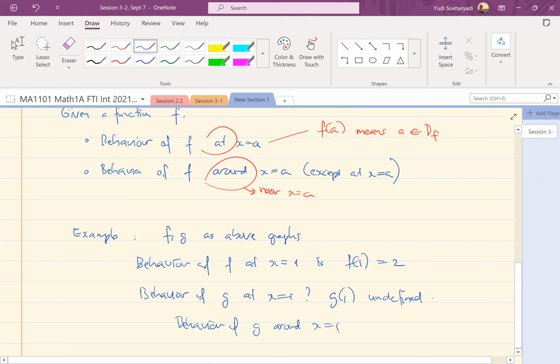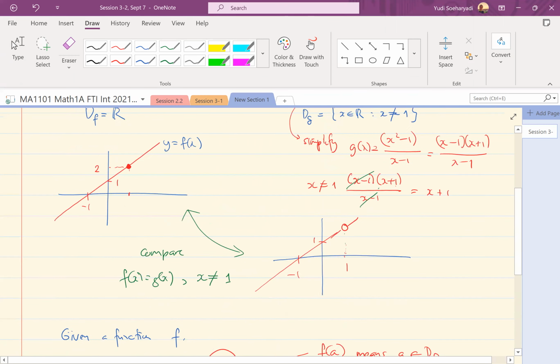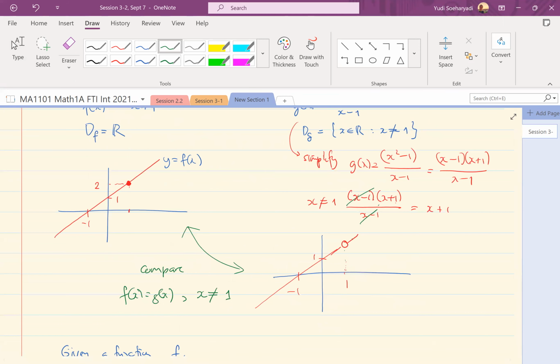Okay, so around x equals 1, what are you looking at actually? We're looking at values of g close to x equals 1. Okay.